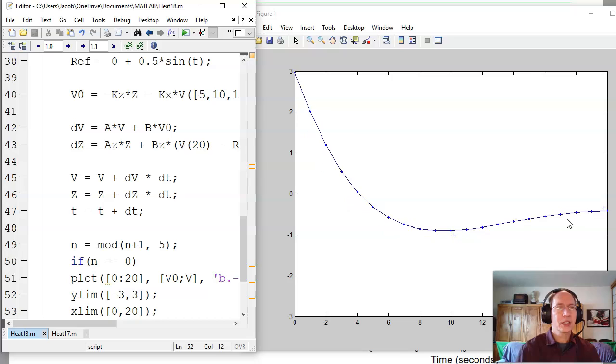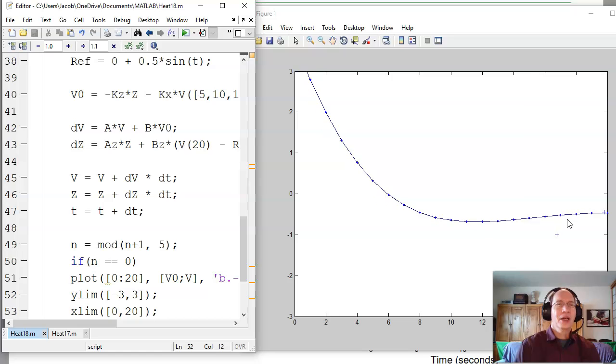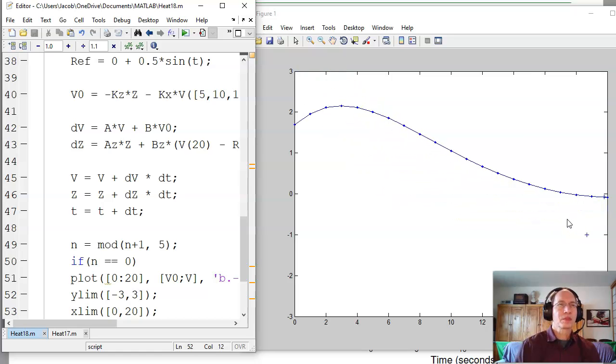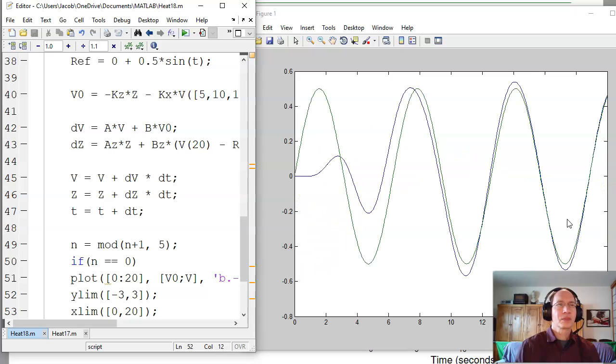Yeah, it looks like it's doing a pretty good job right now. That little plus sign is time. When the plus sign gets to the right, that's 20 seconds and the simulation is done. So I can track a sine wave, and I can do both.